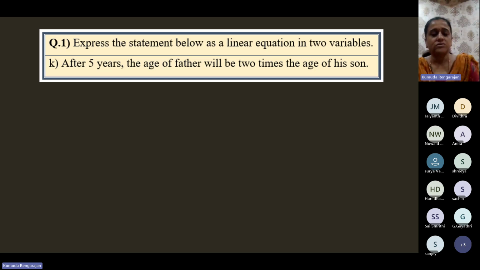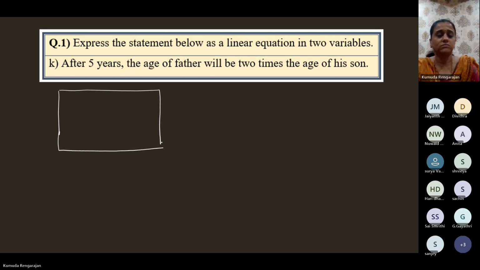After 5 years, the age of the father will be 2 times the age of his son. So we'll make a table.